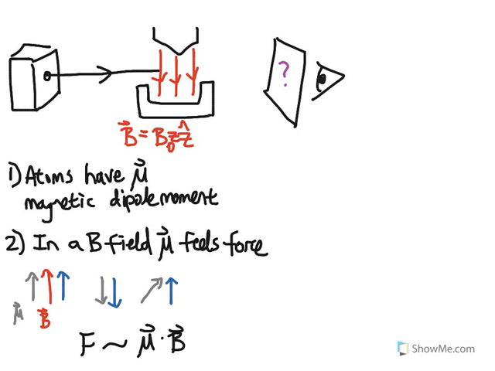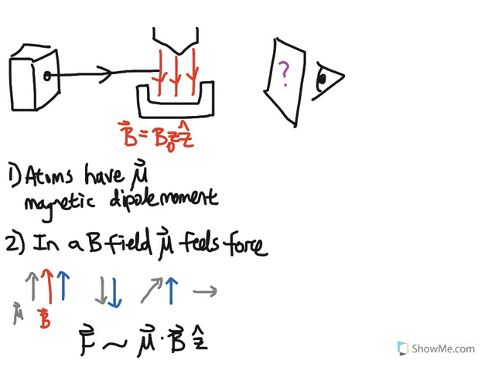So basically, it can only be pushed in the direction of the B field or opposite the direction of the B field. You can't have it pushing parallel or perpendicularly to the B field. Let me draw one last example over here.